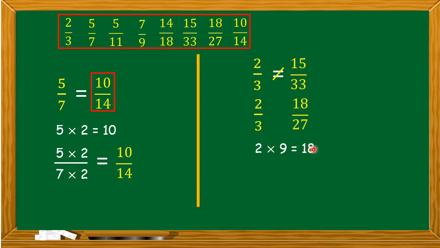As we multiplied 2, the numerator, by 9, we also have to multiply the denominator 3 by the same number, that is 9, and we get 18 upon 27 after multiplication, which is equal to the given fraction. Hence, we say 2 upon 3 and 18 upon 27 are equivalent fractions.